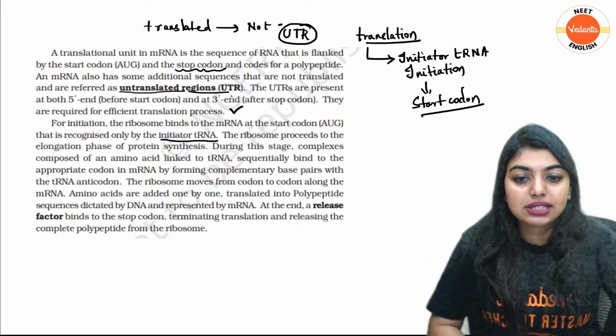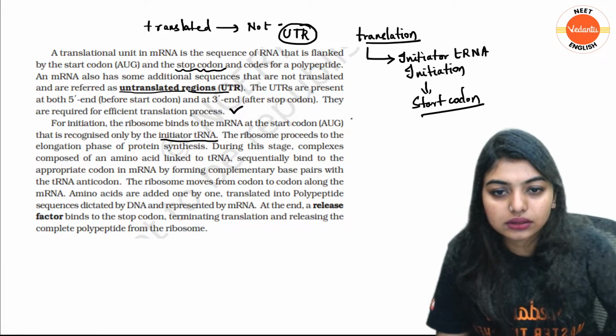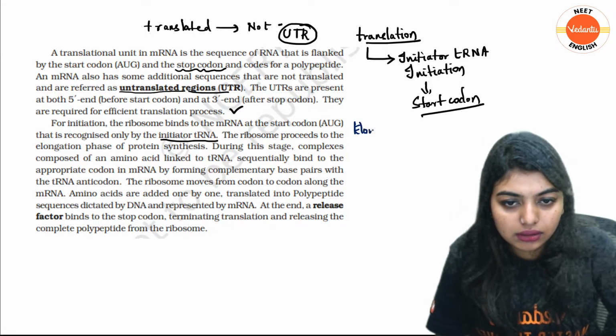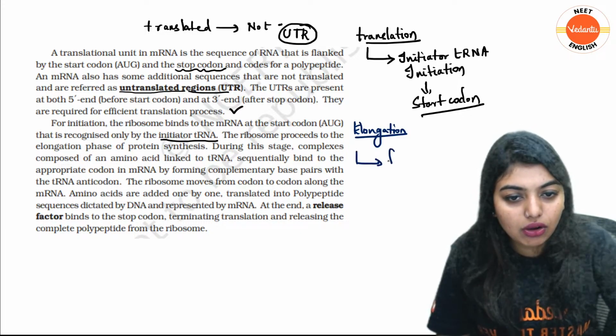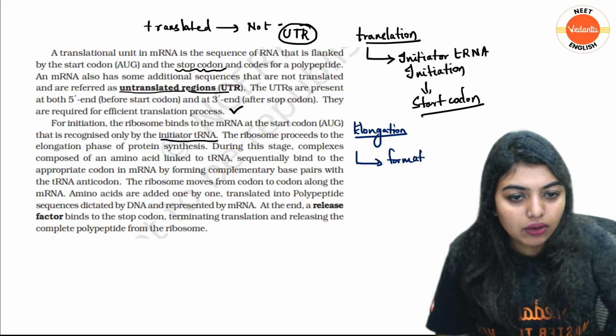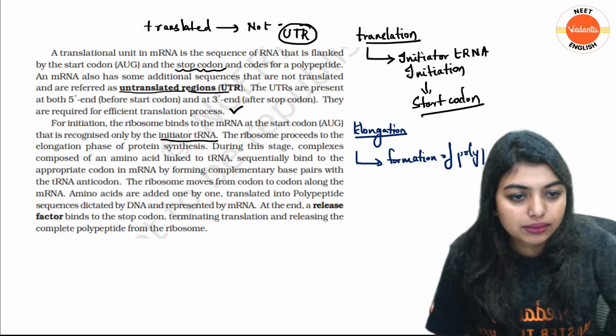Okay, elongation step, what is going to happen, students? In the elongation step, there is the formation of the polypeptide chain. Simple.